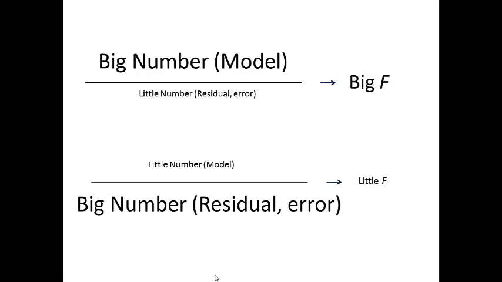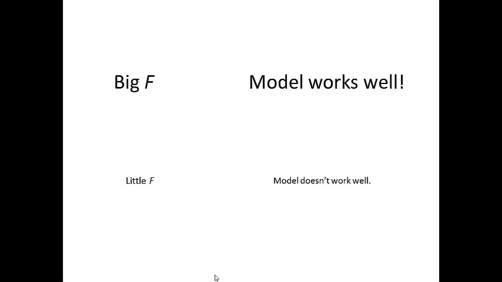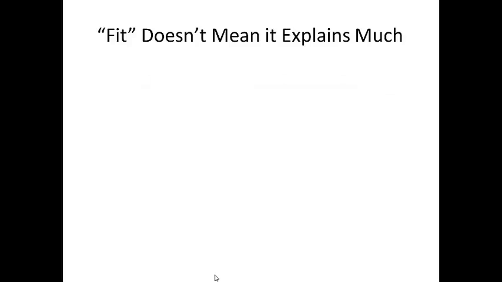The data points are located far away from the line, so perhaps our regression line is not a good predictor. The takeaway: big F, good model, good prediction. Small F, not a very good predictor. Now, just because we have a good fit line or a big value for F doesn't mean it explains everything.